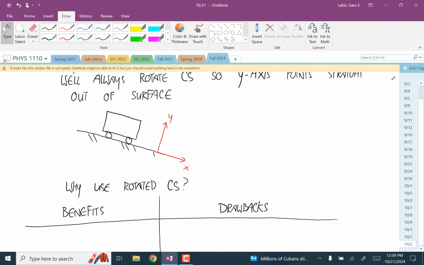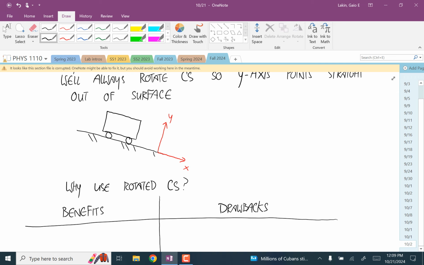Okay, so first think about the acceleration. Remember, like in almost every problem, maybe every problem, we have to think about whether the acceleration is along the x-axis or the y-axis, right? Well, if we didn't use a rotated coordinate system, this would be along something that's not along the x-axis or the y-axis, right?